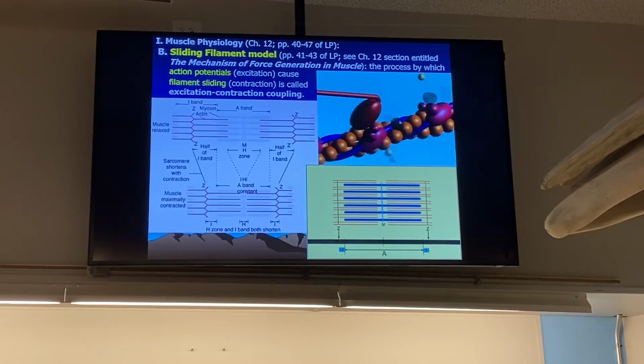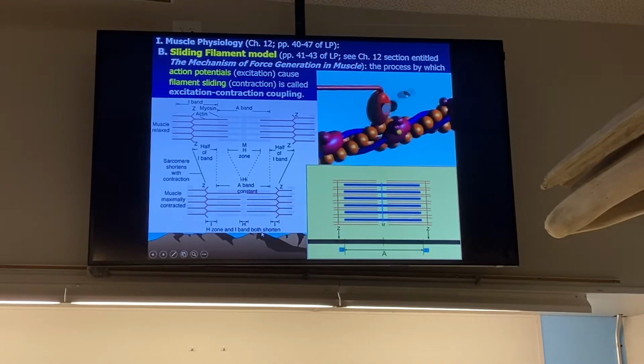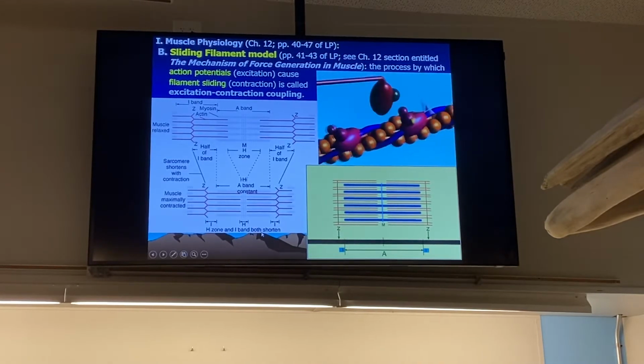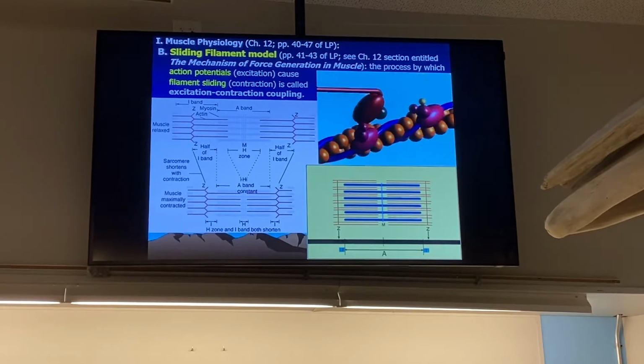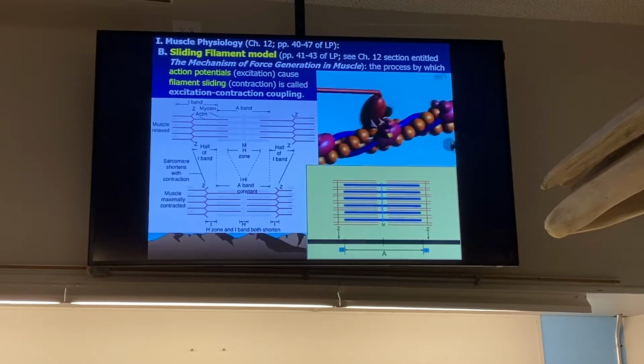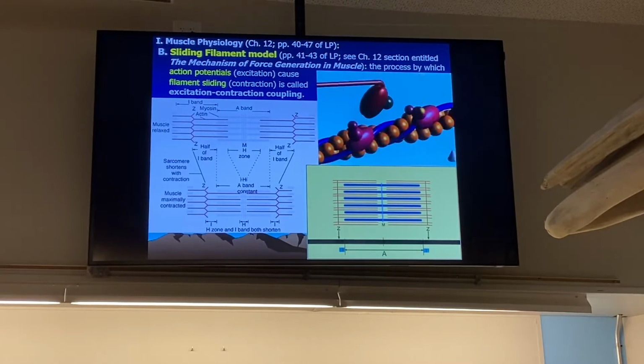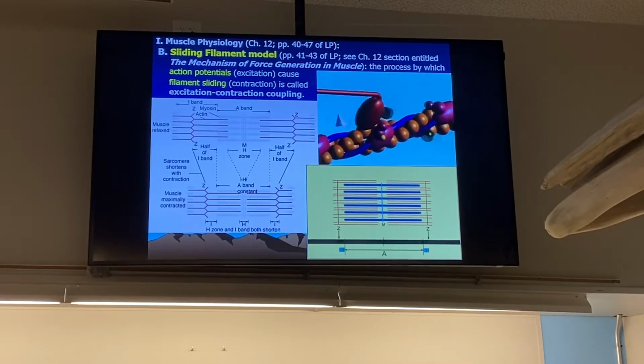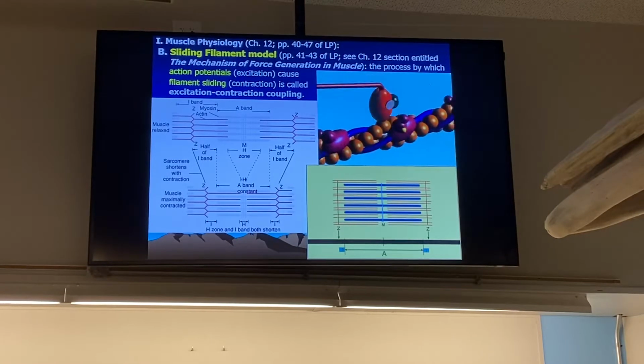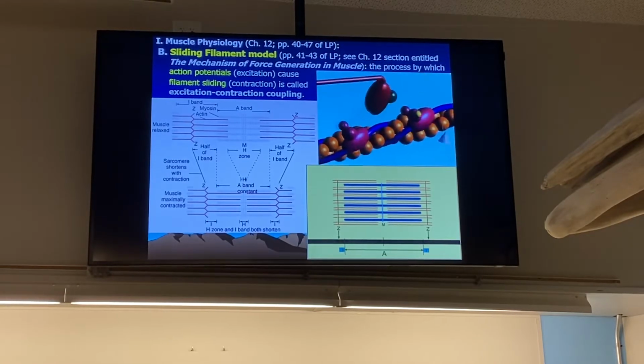One thing I want you to get out of this figure on the left is that when there is isotonic contraction, the filaments slide. This is all about isotonic contractions.